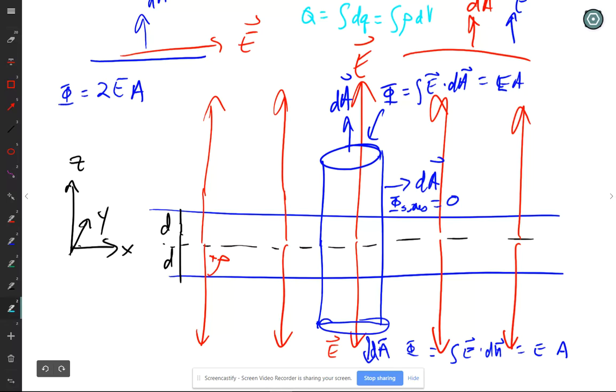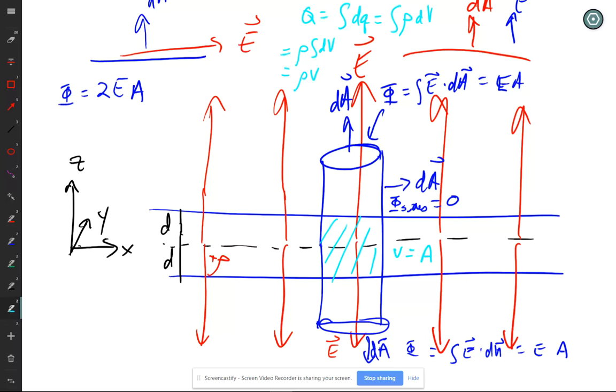Since rho is constant, that's just rho times the integral of dV, which is rho V. Well, what's the volume of the charged material here? Volume for a cylinder is the area of the base times the height of the cylinder. So that area is A.